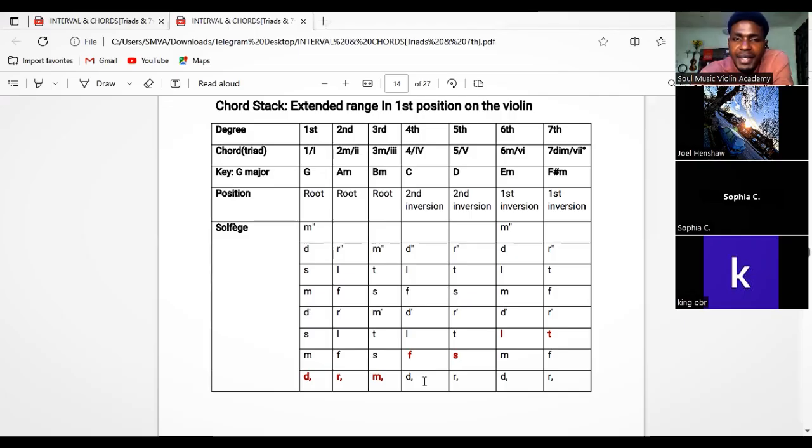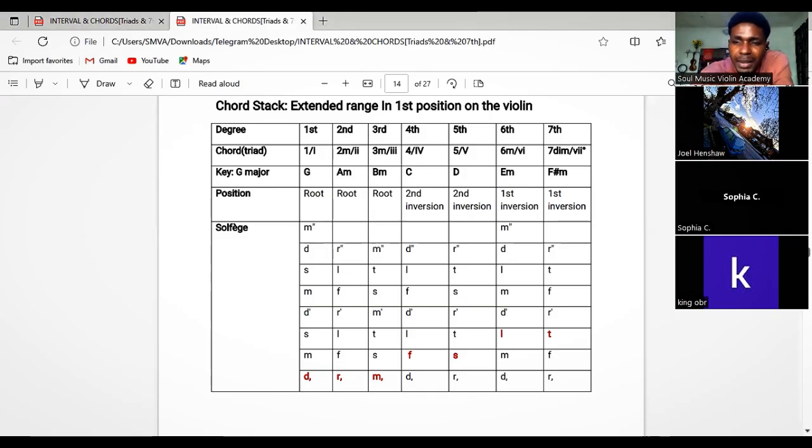The reason why I started from these notes is because they are the lowest notes of that chord in the key of G major. If you move to other keys, it will change. For example, if I go to A flat now, you see that I won't start from root position.